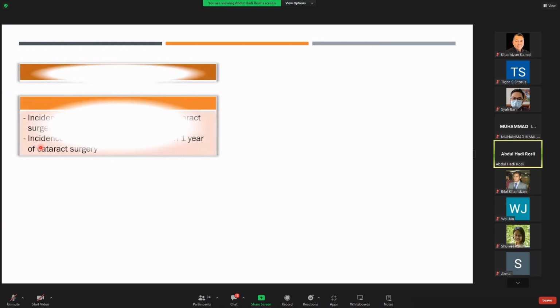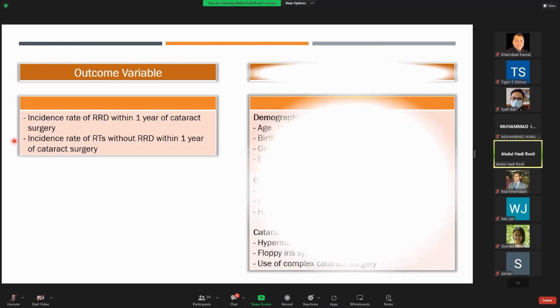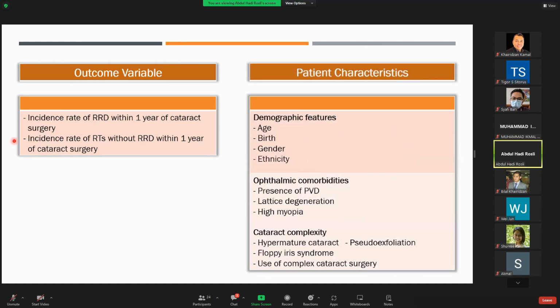All right, for the outcome variables, this study was meant to study the incidence rate of RRD within 1 year of cataract surgery, as well as the incidence rate of retinal tear without RRD within 1 year of cataract surgery. This analysis also looked at the characteristics of patients who are at risk of developing RRD as well as retinal tear. So they looked at demographic features and ophthalmic comorbidities.